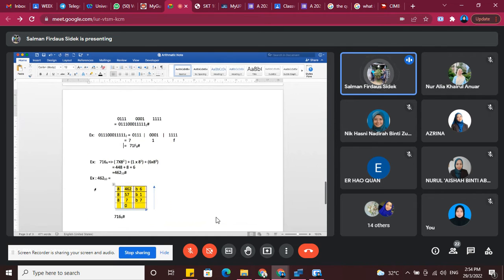Okay, let's say we have the same number, 71F in hexa. Try to get the representation of decimal for this number. Cuba bagi tahu saya apa yang perlu saya buat untuk dapatkan perwakilan dalam decimal. Saya akan ubah daripada sini saja.